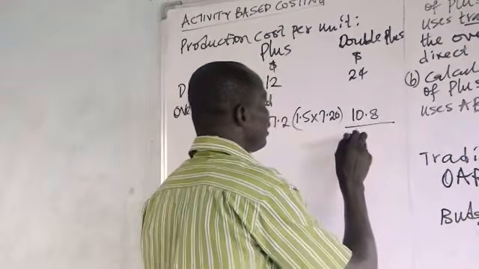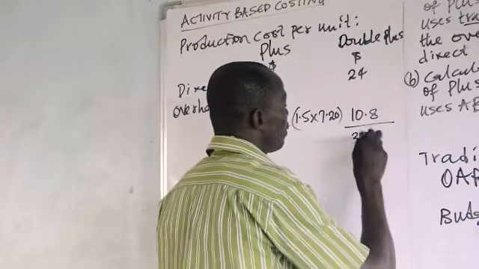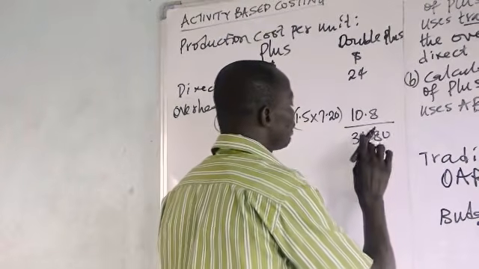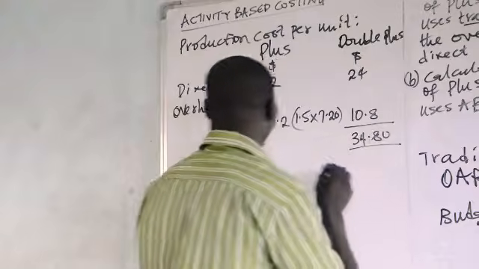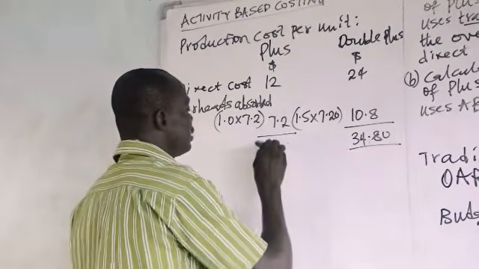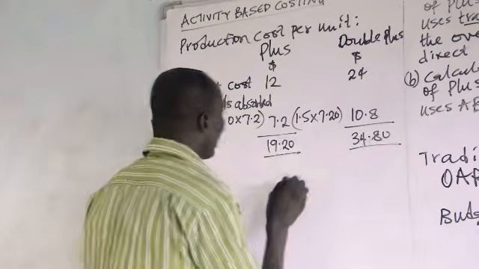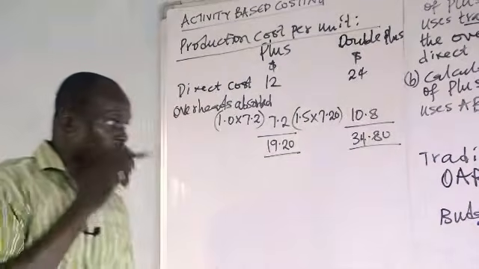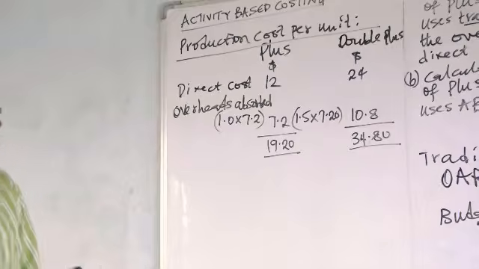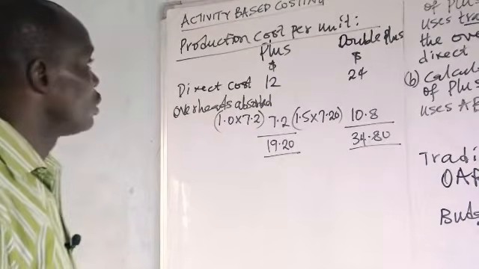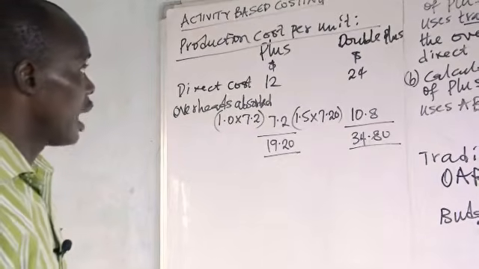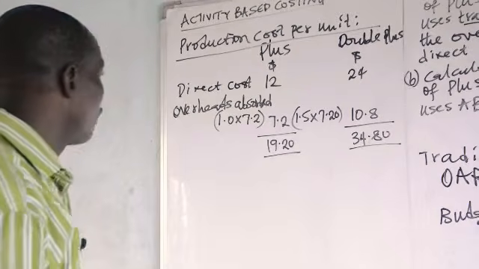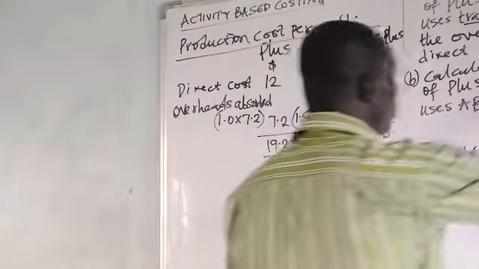When you add it, you have 34.8, and the other one will give us 19.2. That is the production cost per unit if overheads are recovered using the direct labor hour basis for the traditional absorption costing system.